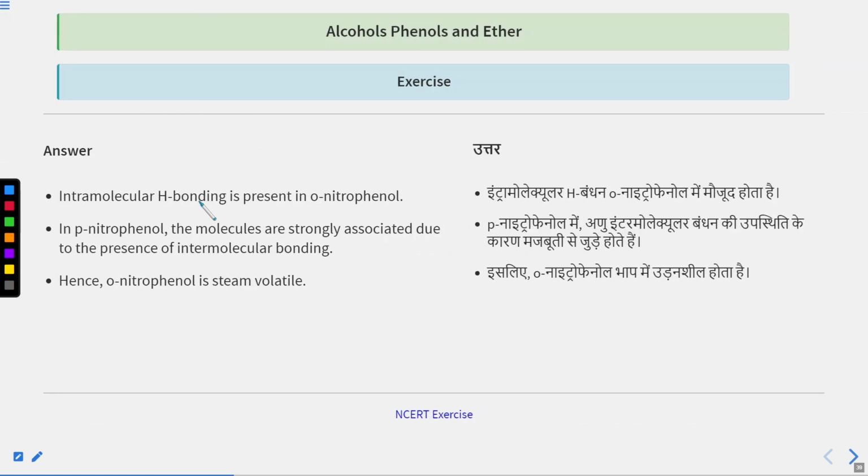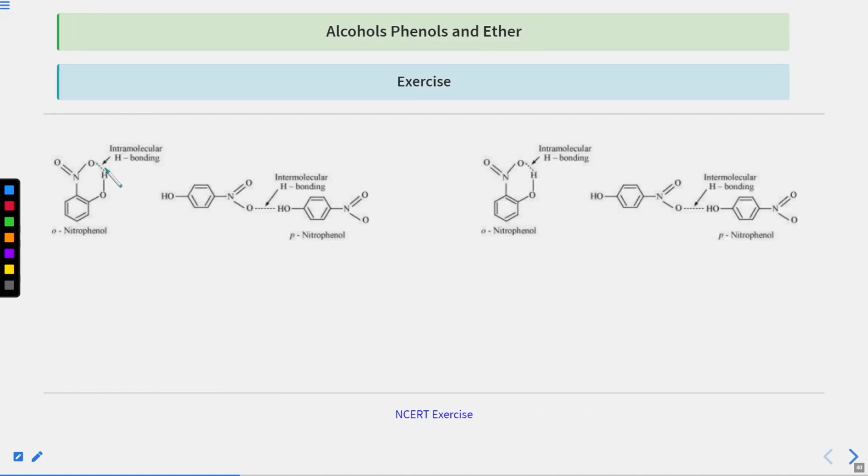Intramolecular hydrogen bonding is present in orthonitrophenol, and para-nitrophenol molecules are strongly associated due to the presence of intermolecular hydrogen bonding. Hence, ortho is steam volatile. See here, the structure is given: the intramolecular hydrogen bonding, and this is intermolecular between two molecules.